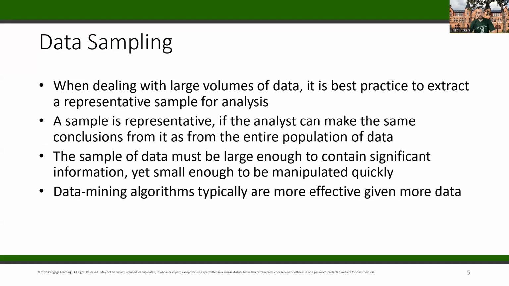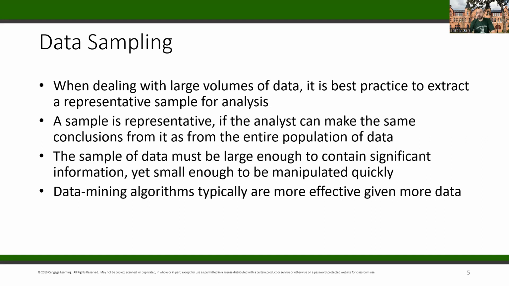So data sampling, when you're trying to do a prediction or a forecast of some kind, you're not going to usually pull every single bit of data available of a population. If you're trying to predict something for marketing purposes, you're not going to get survey information or data on every single person who lives in Oklahoma. Instead, a sample of people that represent the population are used, a sample set of data.